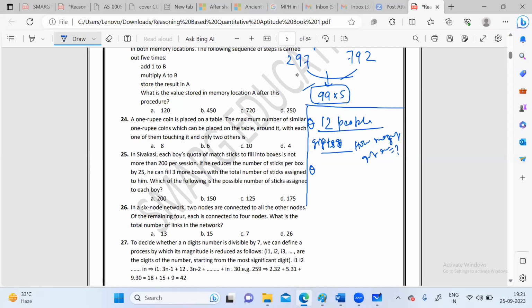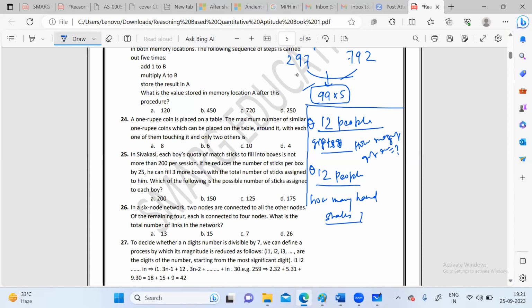And the other question: if 12 people are in a party and each one shakes hands with every other person, how many handshakes will there be? These are the two questions. There is an approach to solve it through modern math like combination, but I'll not be using combination here. It's just a general counting technique.